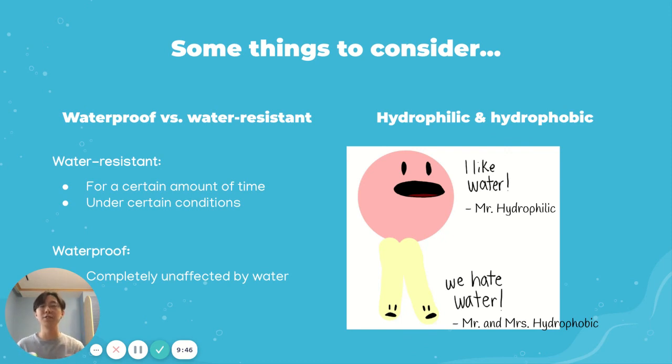And so maybe materials that like water, materials that are hydrophilic, might soak up water better and might not be so waterproof. Whereas hydrophobic materials that hate water might act as a waterproof material more.